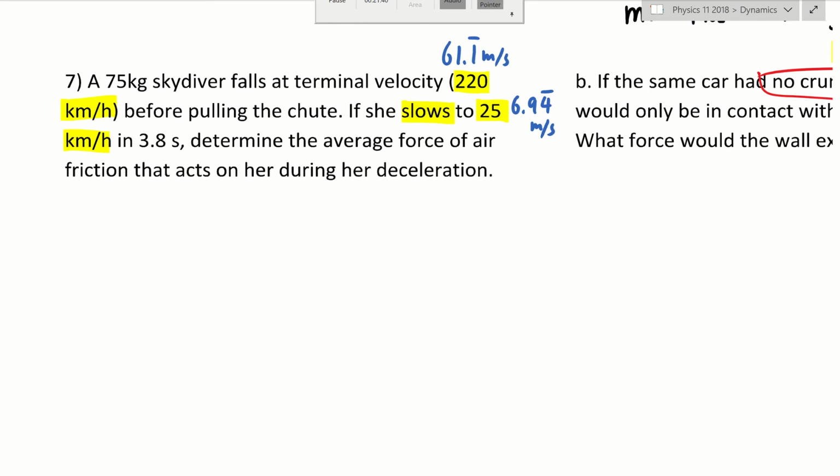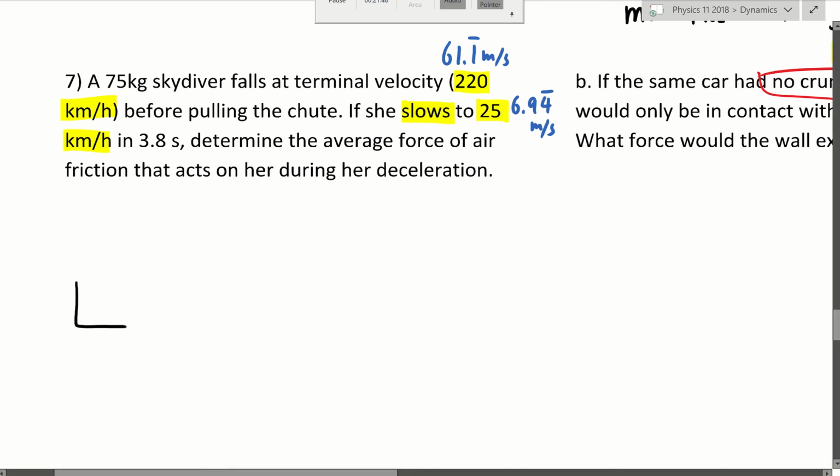And if you want to decrease your speed so that you don't hit the ground as fast, you will need to open the parachute. So when you open your parachute, this is what happens. The forces on you are, of course, the force of gravity going down, and a big air resistance going up. Now this object is in the air, so there is no normal force. Normal force requires you to be sitting on a surface.